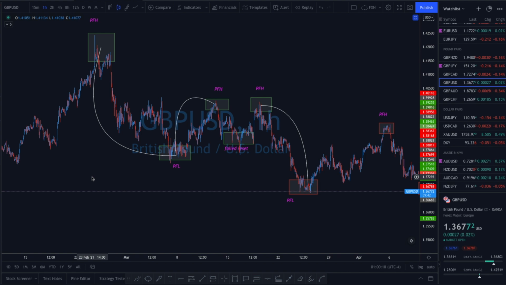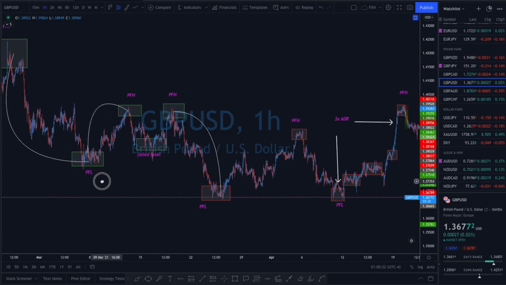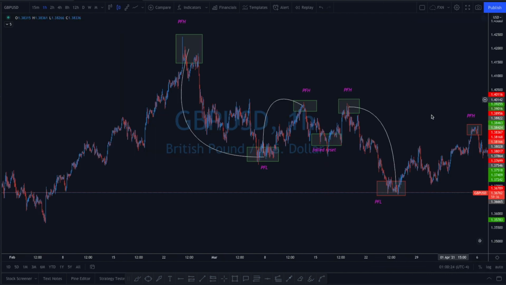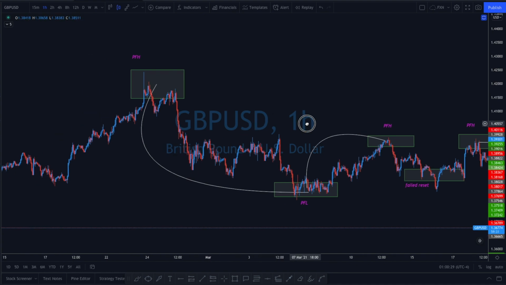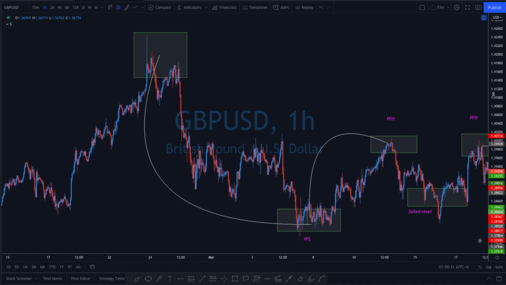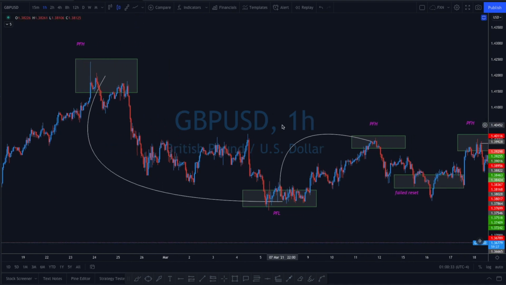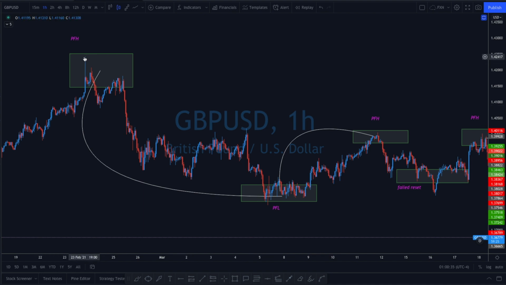All right, so let's take a look at the charts and break this down. Here we have GBP/USD. This is actually part of, I believe, the test. We have a big move from here all the way down to here, right?